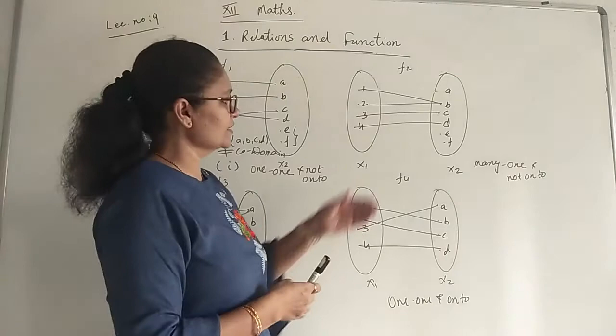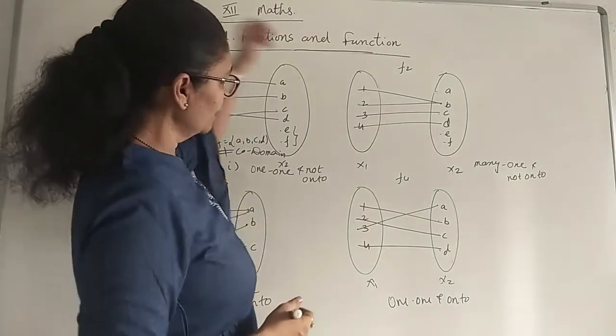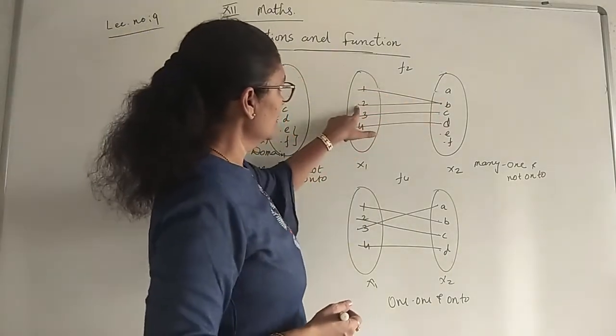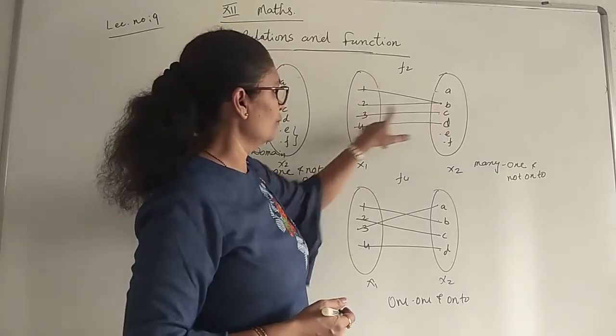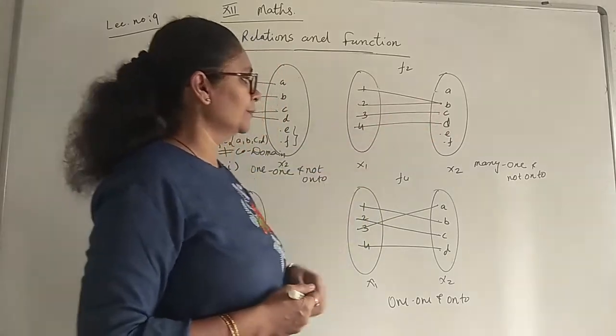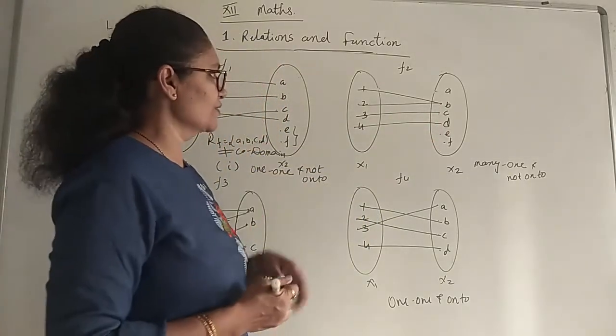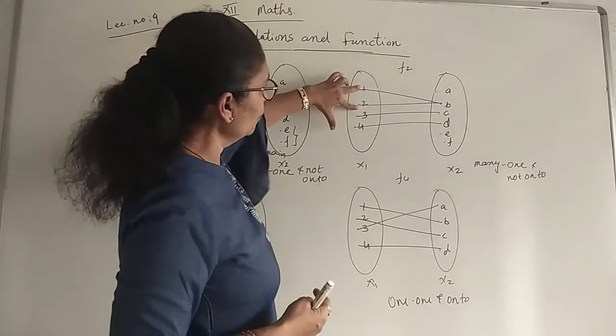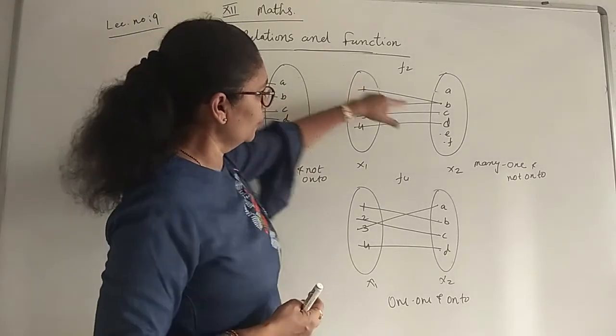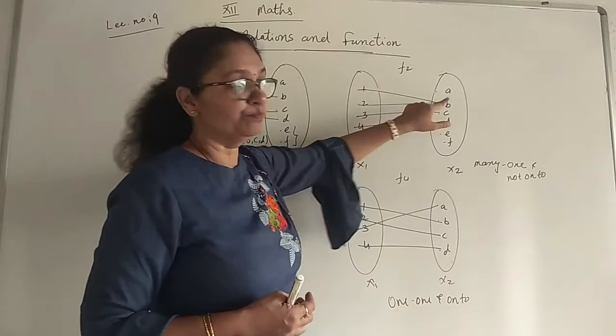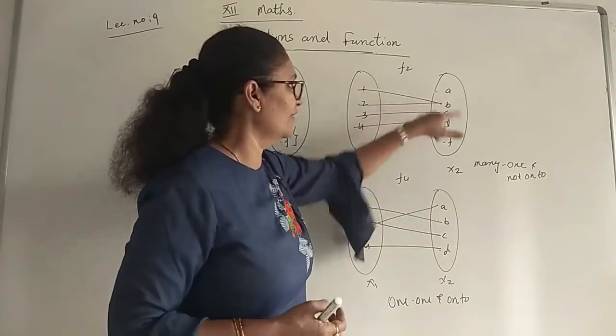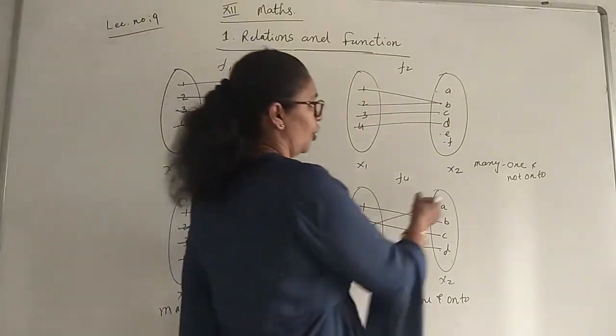Similarly, let's come to the second figure. In the second figure, with 1 B is related, with 2 also, with 3 C and with 4 D is related. But you check, for 2 different terms, 1 and 2, the image is the same, B. Means for 2 different questions, only one answer. So it is not one-one.